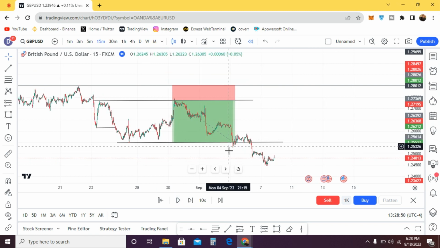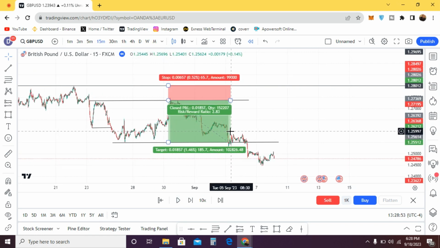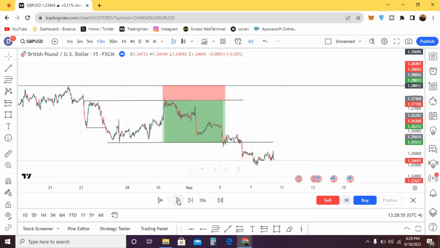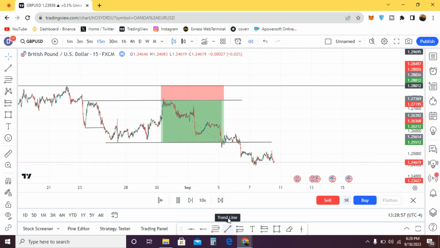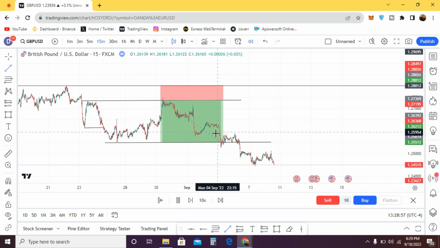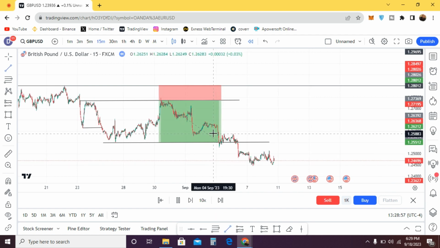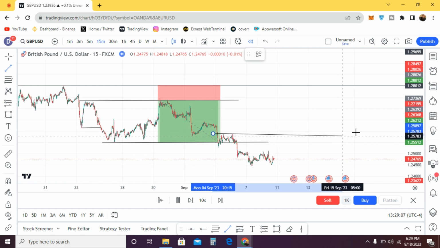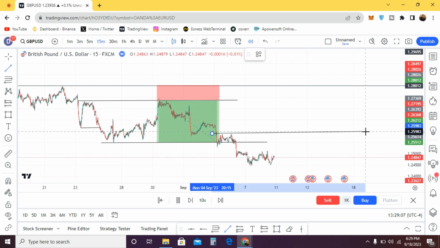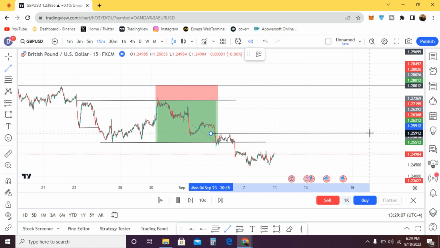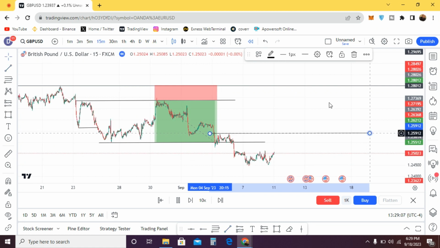After it broke out of the zone, we saw a double top here. So let me just play this so that we can keep flowing with the market. This is a double top, and this would be a strong zone for us to take a sell. This will be another strong zone for us to take a sell. Once the market retraces back to this zone, we should see a sell.